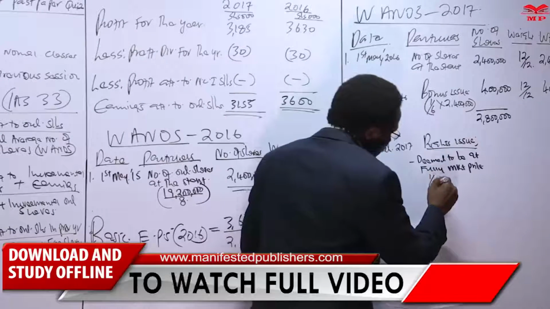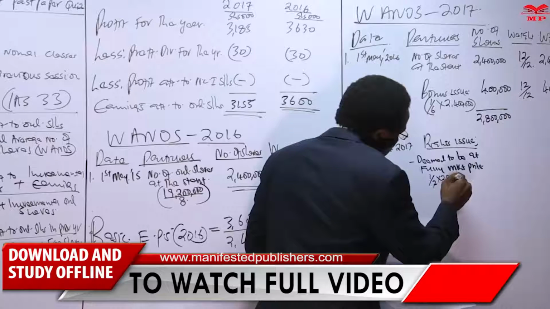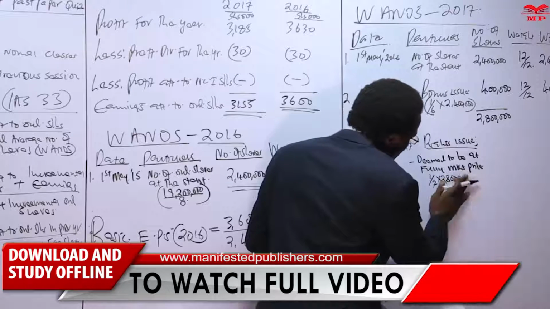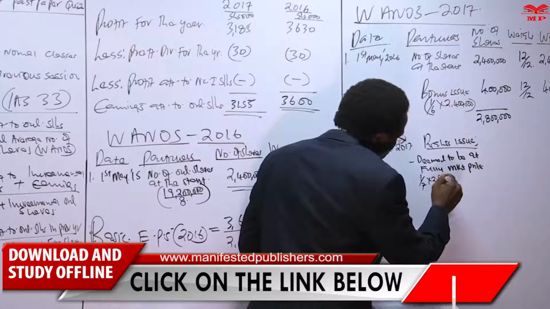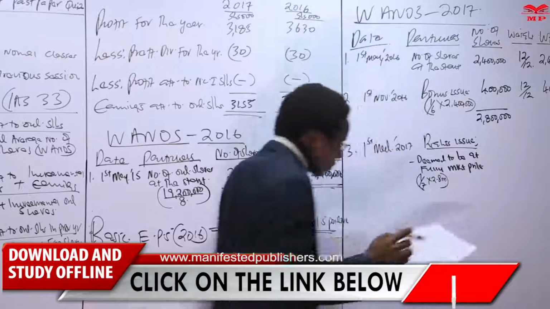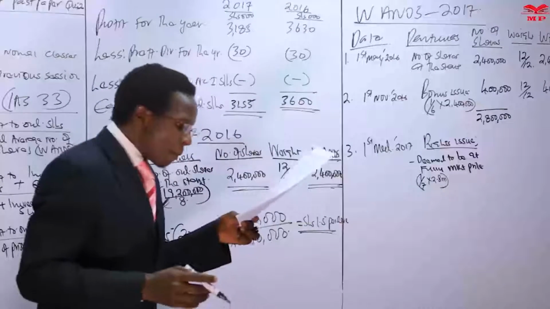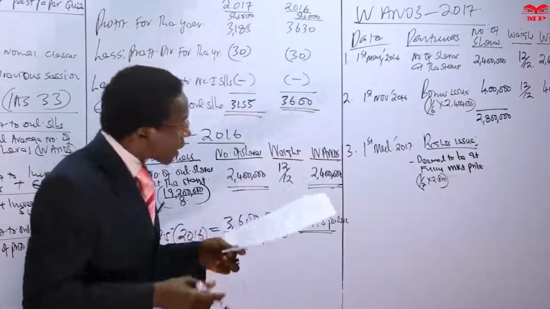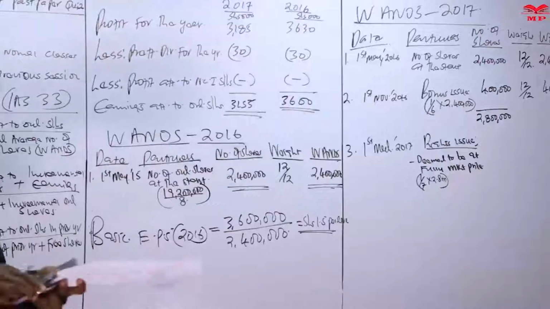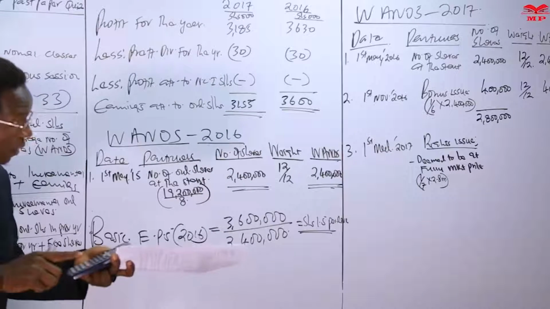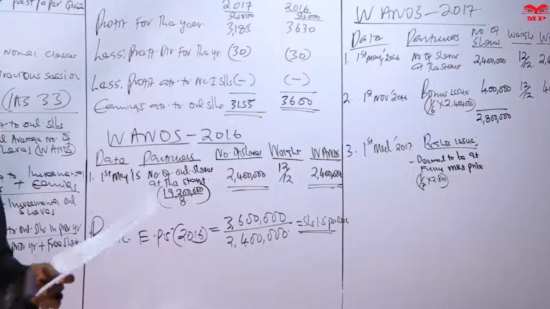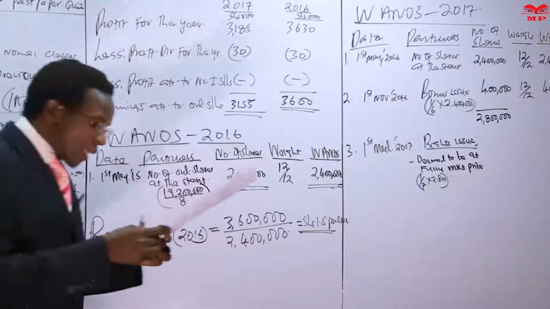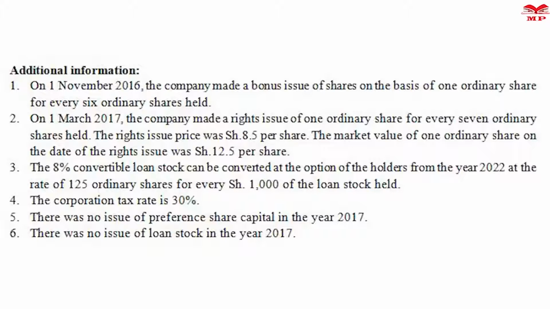So 1/7 by 2.8 million, that is 2.8 divided by 7, which is 400,000.